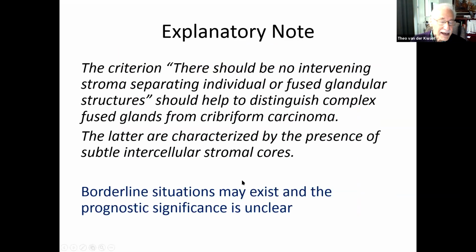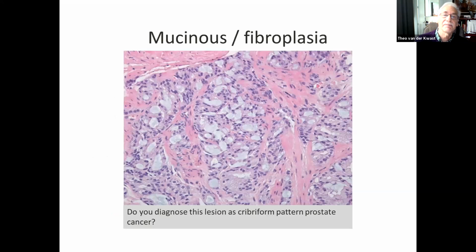So, associated with the definition of cribriform drafted by our panel, there were a few explanatory notes. The criterion, there should be no intervening stroma separating individual or fused glandular structures, should help to distinguish complex fused glands from cribriform carcinoma. And the latter are characterized by the absence of intercellular stromal cores. But borderline situations may exist, as I have shown to you now, and the prognostic significance is unclear.